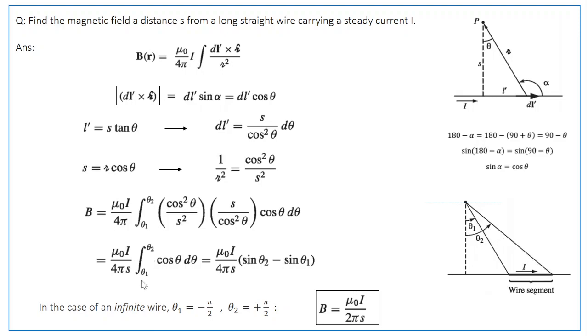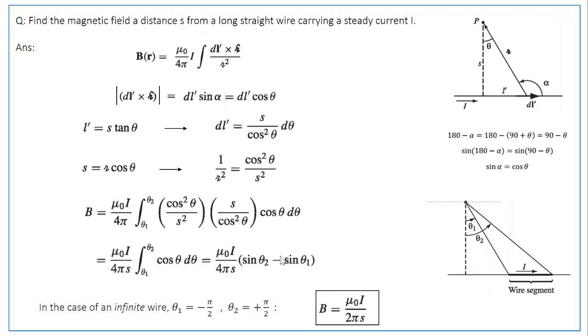So you're integrating from theta 1 to theta 2. Cos square theta cancel. Then I have s and s square, one s cancels. And I can take all the constants outside. So mu naught I divided by 4 pi s, integral theta 1 to theta 2 cos theta d theta. When you do the integral, apply the limits, you get mu naught I by 4 pi s times sin theta 2 minus sin theta 1.